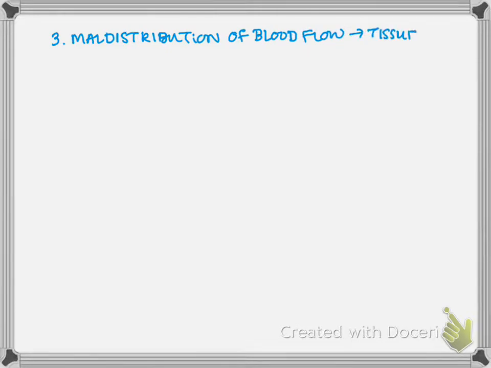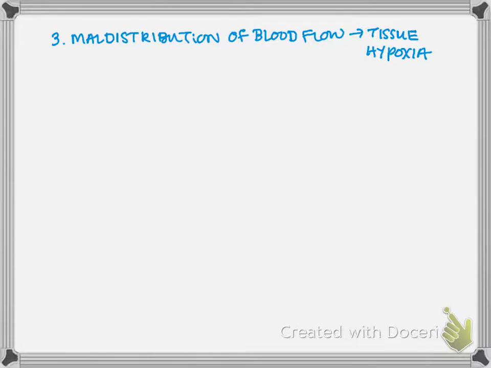So we have maldistribution of blood flow. That leads to tissue hypoxia and impaired cellular metabolism, poor perfusion.